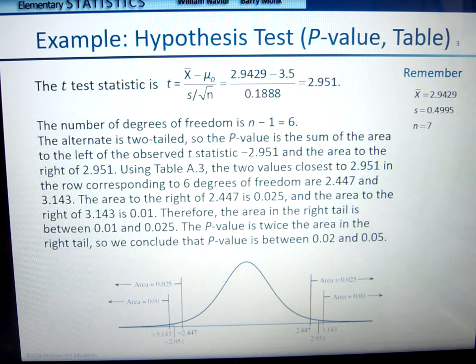So therefore the area in the right tail is between 0.01 and 0.025. The p-value is twice the area in the right tail, so we can conclude that the p-value is between 0.02 and 0.05. Now keep in mind, we were looking at 0.01.